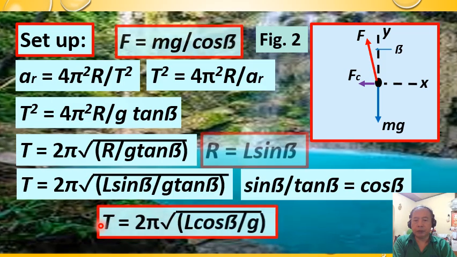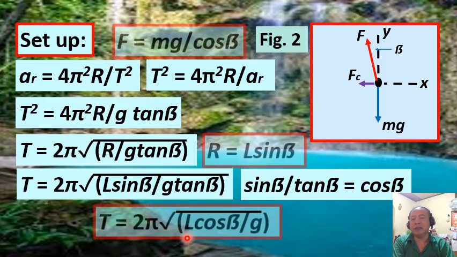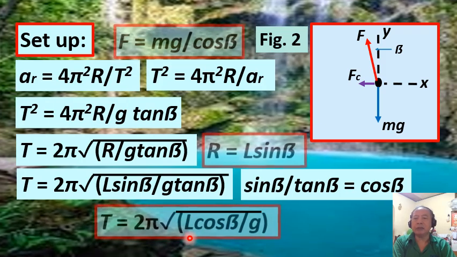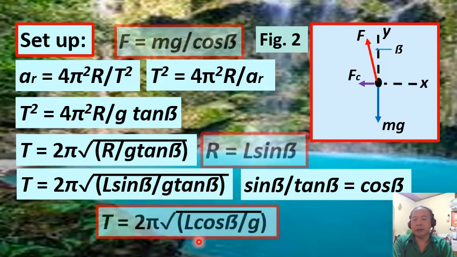So this is the formula for determining the period capital T in terms of the given length of the wire and the given angle beta.